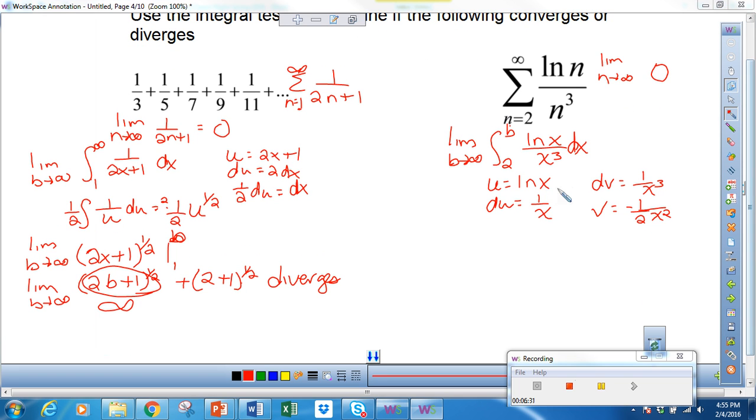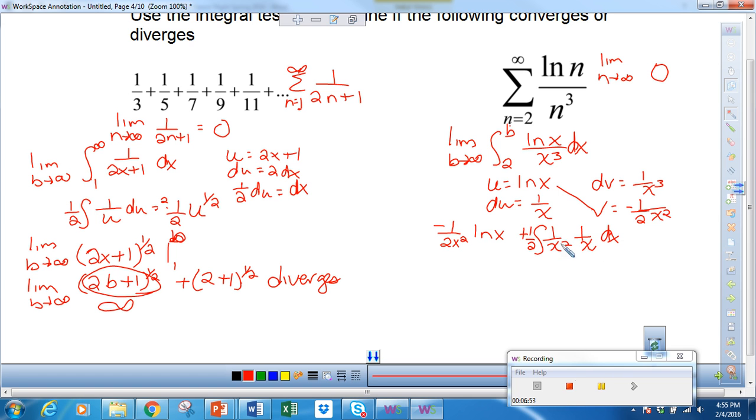Okay? So we have uv, so I have negative 1/2 over x squared, natural log of x, minus the integral of v, which is negative 1/2, so I'm going to bring that out, 1 over x squared, du, which is 1 over x.